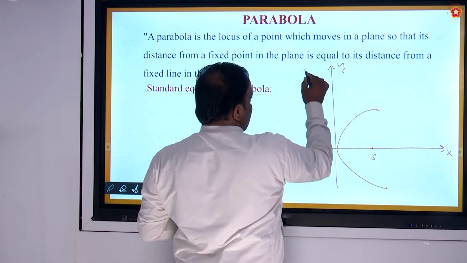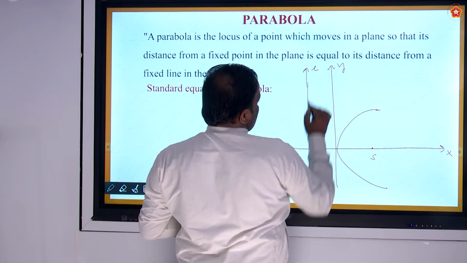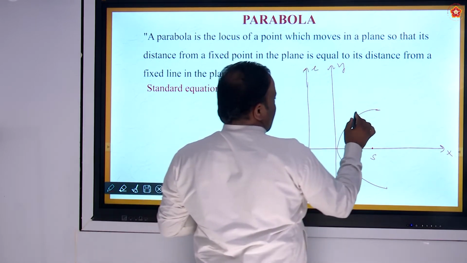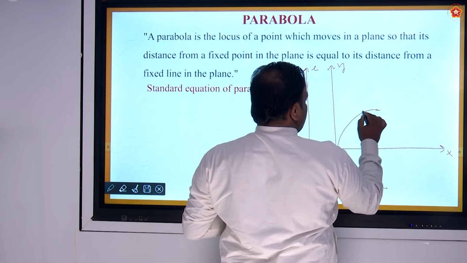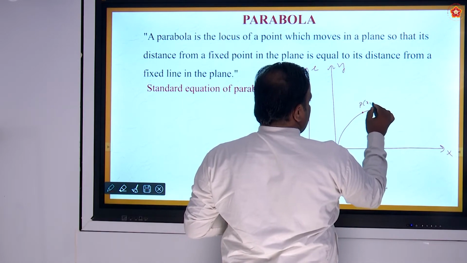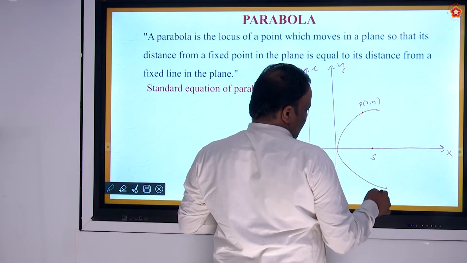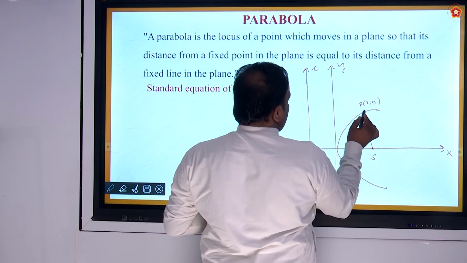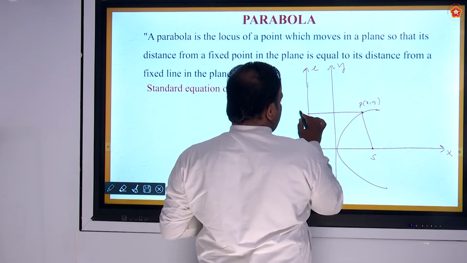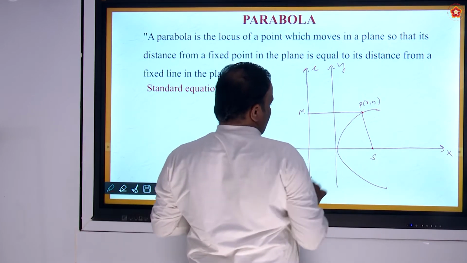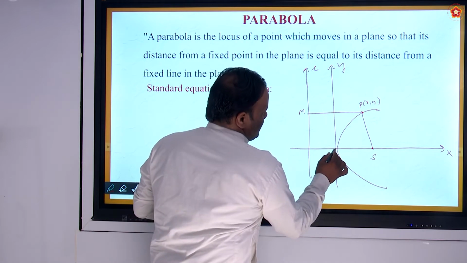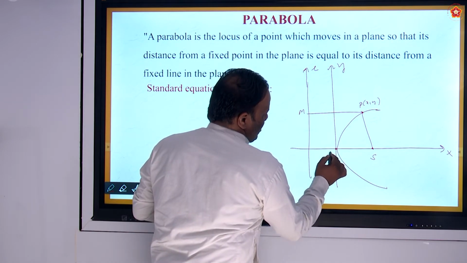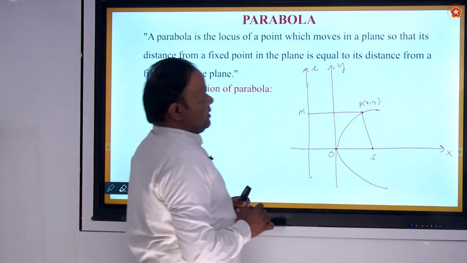That line is called directrix. Take point P, x comma y, any point on the parabola. Join PS and draw PM perpendicular to L. This is called vertex of the parabola.